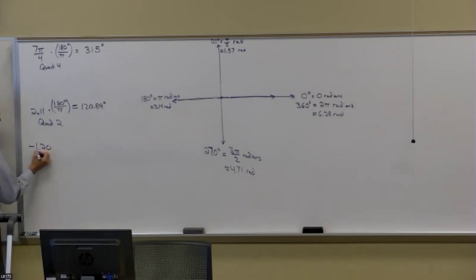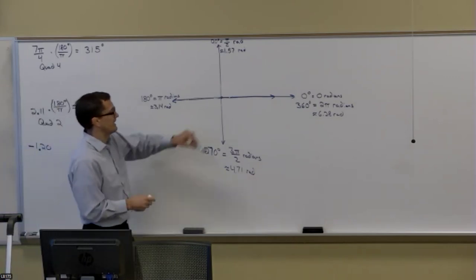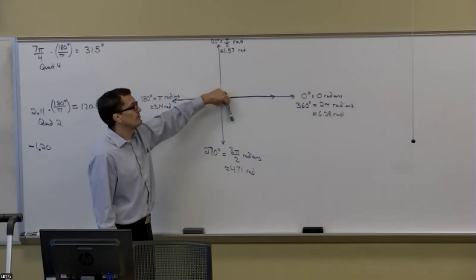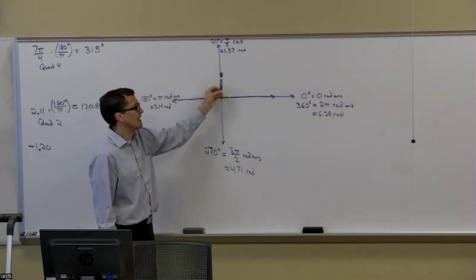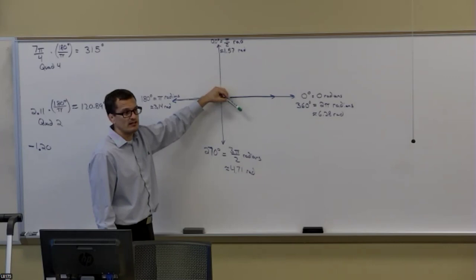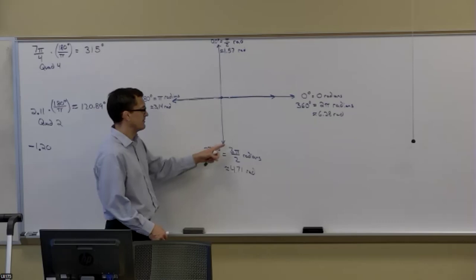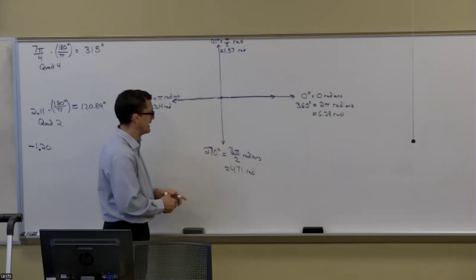Here's where it gets a little bit tricky, when we have negative angles. When we have negative angles, we have to rotate in the opposite direction. So instead of rotating counterclockwise, we start rotating clockwise. So 270 degrees is 3 pi over 2 radians.